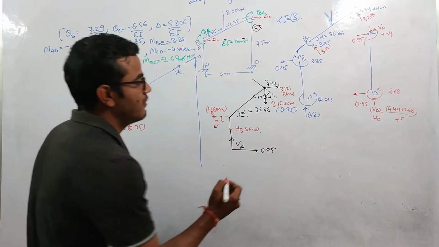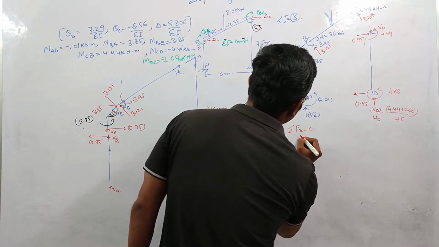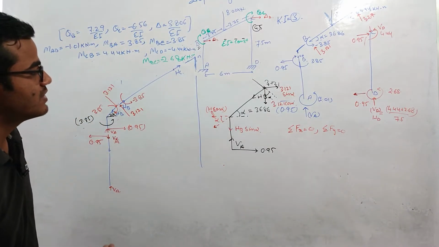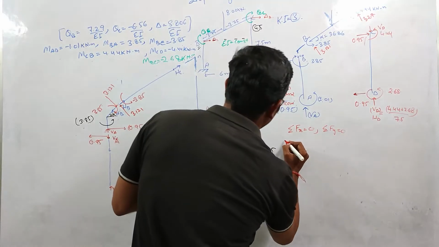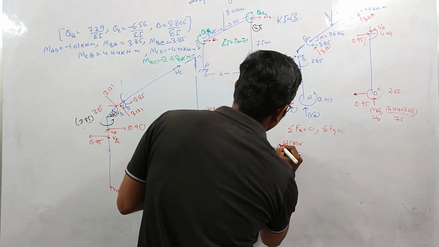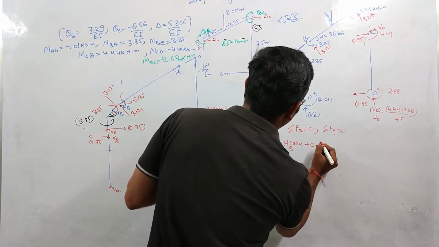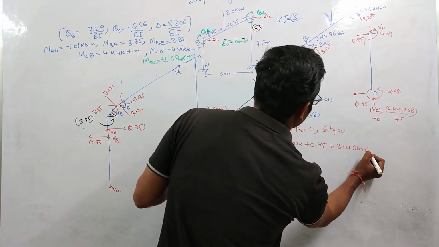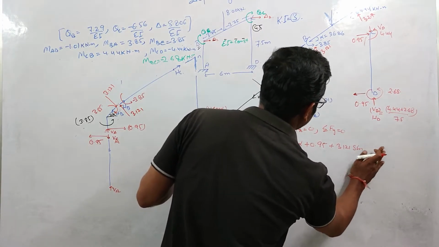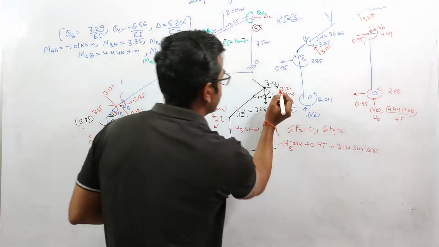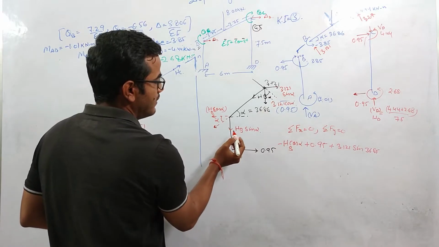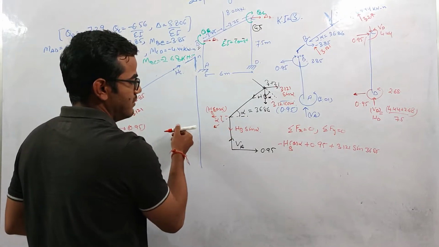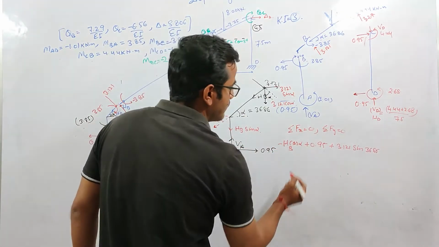Now we will take summation Fx equals 0 and summation Fy equals 0. If we take summation Fx equals 0, I can write HB cos alpha minus, plus 0.95 plus 3.121 sine 36.86 degree, which is acting in this direction. This HB cos alpha is negative because it is acting in this direction, right? This 0.95 is acting in this direction, so it is positive.